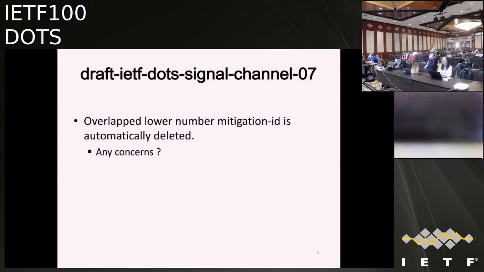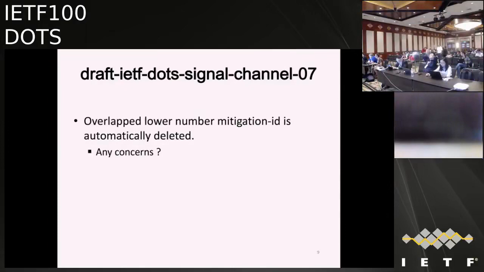That's why we are raising the question, and we would like to hear from you and from the others if this kind of rationale is not appropriate or has some side effects. Automatic deletion, I think we need to discuss this more. If there is a certain request with a lower ID, it should be considered.